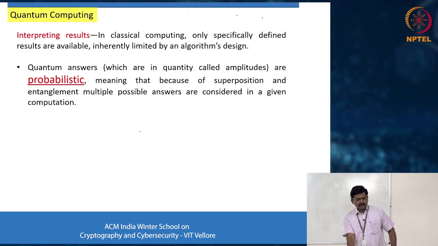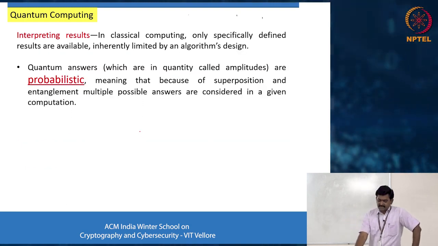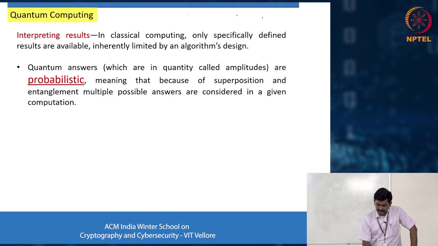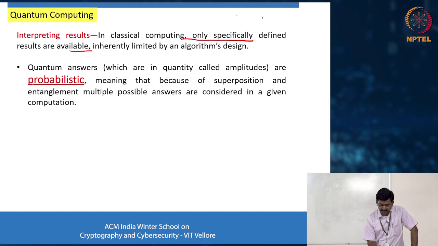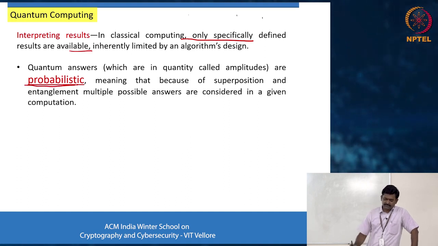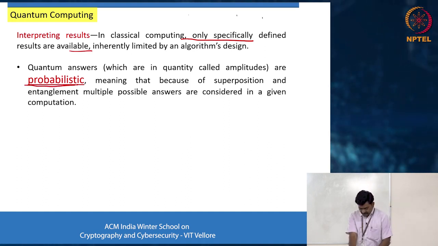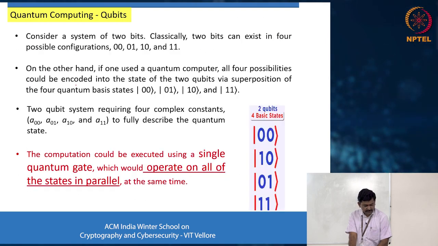How do you interpret the results? As I said, classical systems provide deterministic answers. Quantum computing systems provide probabilistic answers, right? So these are the things that one should remember.